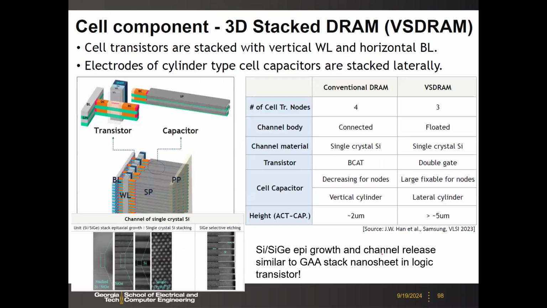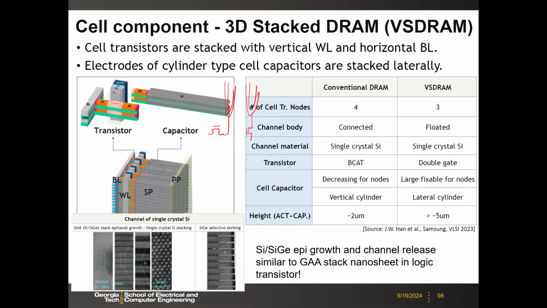The basic idea is to rotate the 1T1C by 90 degrees. It used to be 1T1C standing up, and even if you change it to a vertical transistor, it will be something like 1T1C.